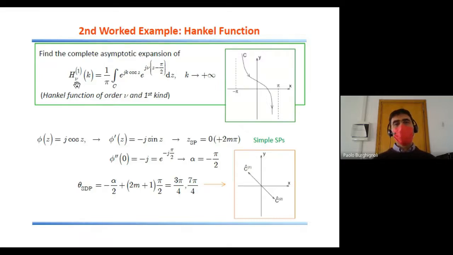here in the subscript, and of the first kind in the superscript of K, which can be represented in many alternative ways. In particular, we will consider an integral representation of this function, which reads 1 over pi, the integral along the path C that you can see here in the inset figure.